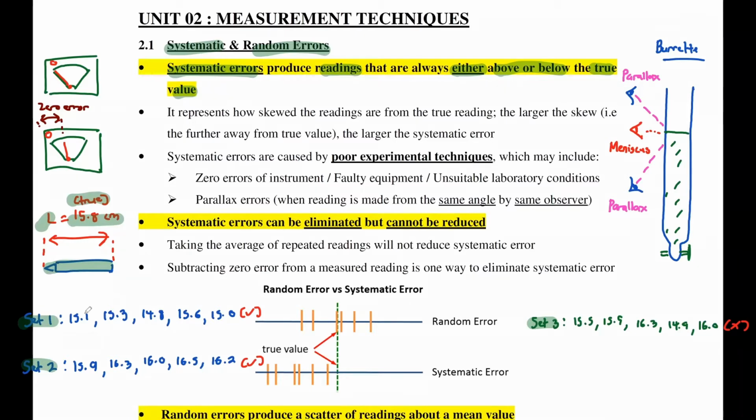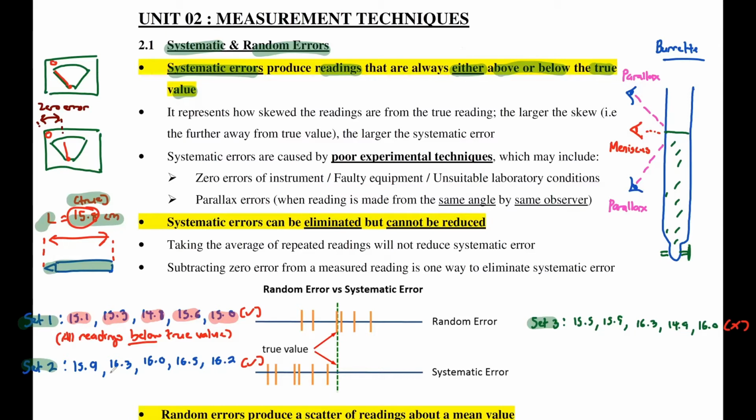If we were to look at the first set of readings, 15.1, 15.3, 14.8, 15.6, and 15.0, these have values that are below the true value. So over here, all readings are below the true value. So by definition, this is systematic error.